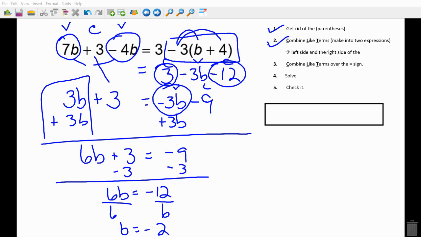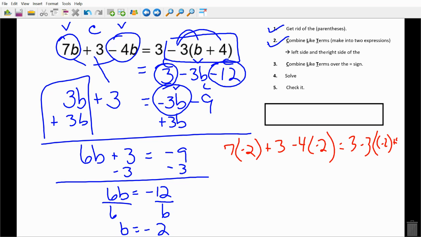Let's go on red. So 7 parenthesis, we said -2 is our answer, plus 3 minus 4 times -2 equals 3 minus 3 parenthesis -2 plus 4, running out of space.